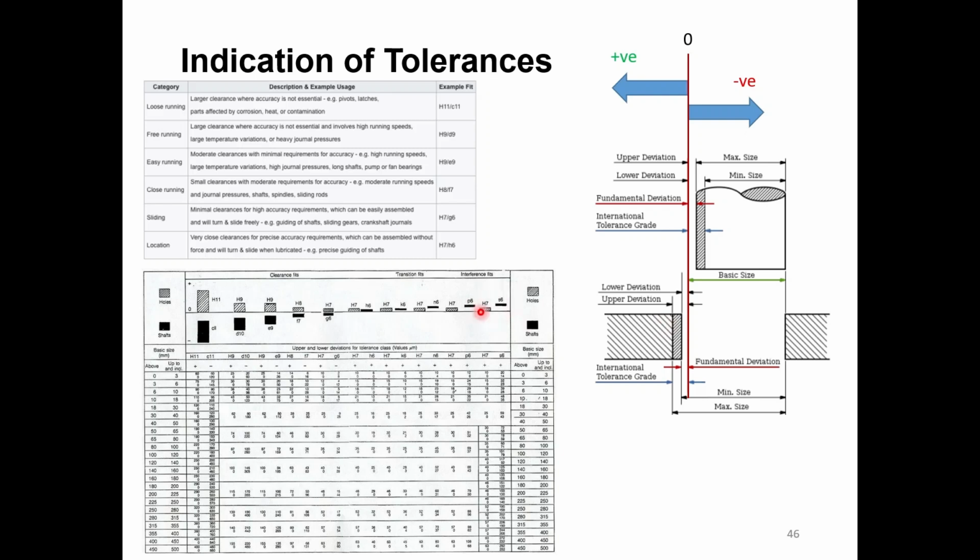So here we have an interference fit, meaning that the diameter of the shaft is larger than the diameter of the hole, and this is what's called the interference fit.